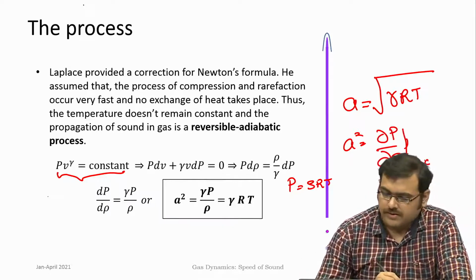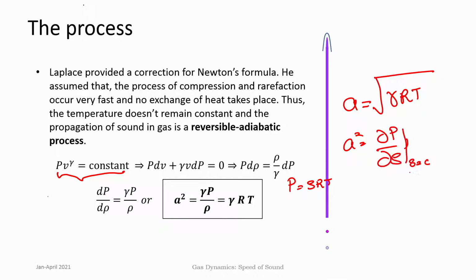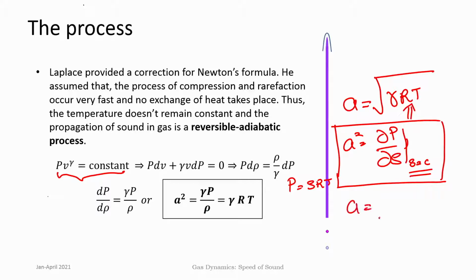So that is the correct thermodynamic process to be used, and when you use that, this is the most general formulation for speed of sound. This is applicable in any scenario, while specific to perfect gases you can simplify this to square root of gamma RT. Another equivalent formulation is square root of gamma P by rho.